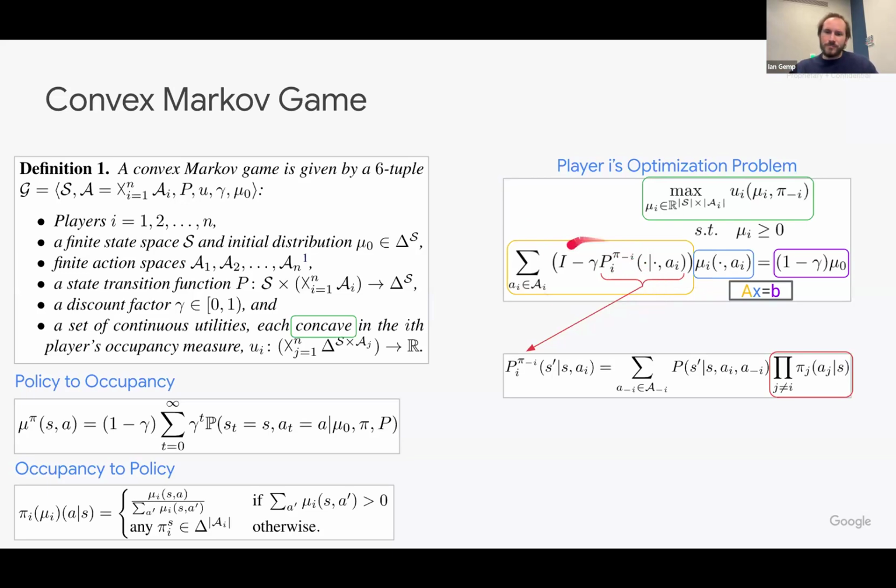So you can form this matrix in yellow after you do that folding in of the environment. And then this term on the right depends on your initial state distribution.